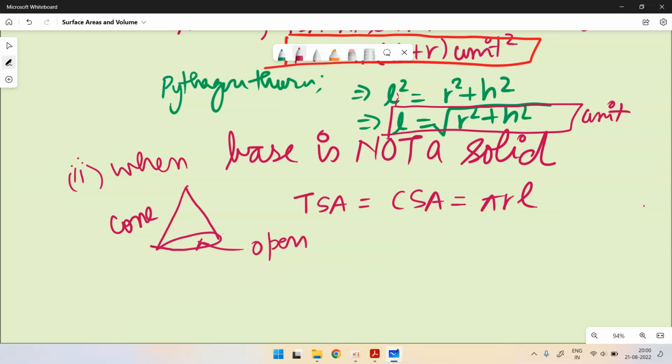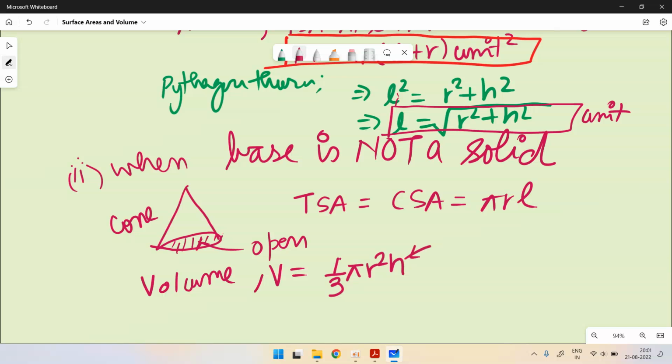Now if you consider volume, in both the cases it will be the same, because volume does not depend on this portion. It is independent of this portion. Volume V of cone is 1/3 pi r square h.